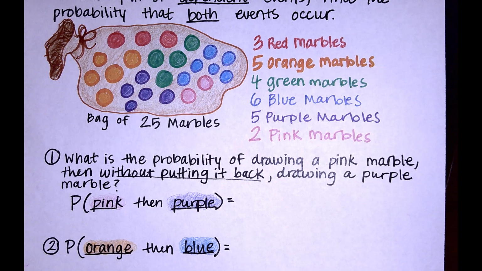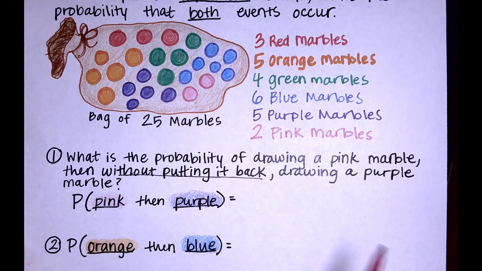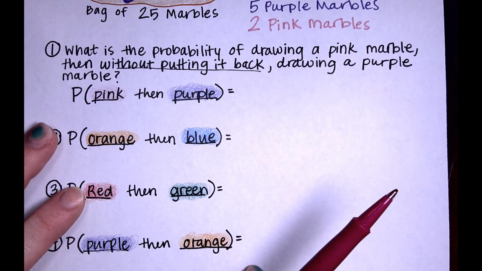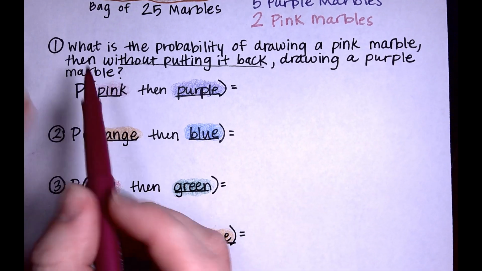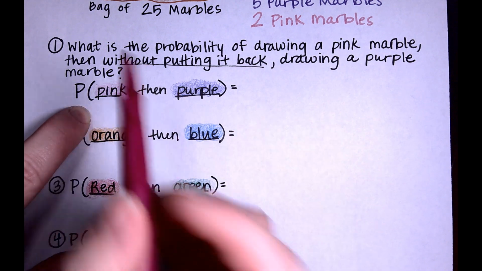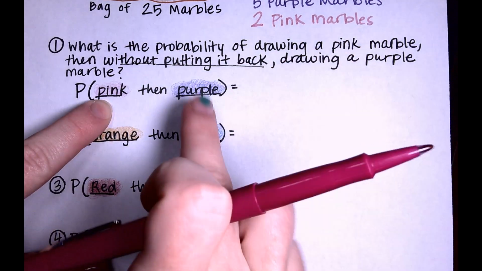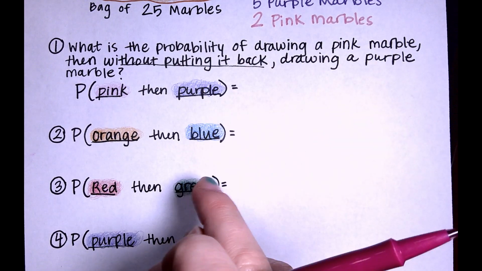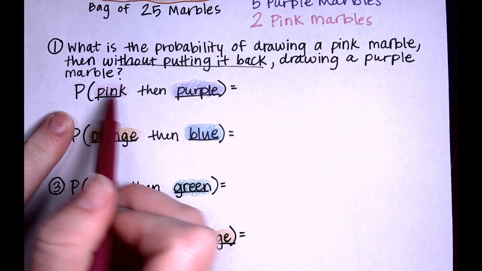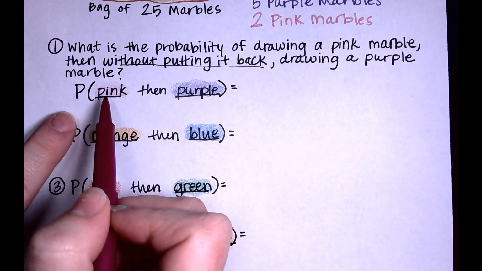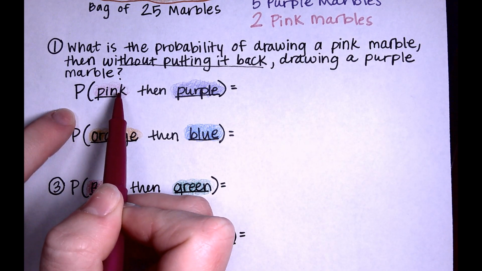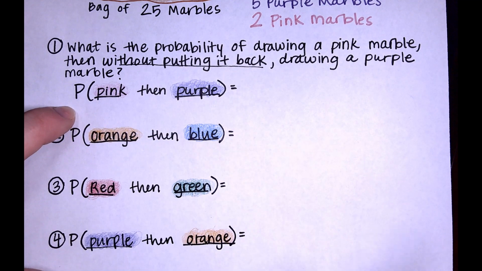There are less. There are 24 marbles in the second instance. So let's start with number 1 and just think about the possibilities. I want to know the probability of drawing a pink marble and then drawing a purple marble without putting that pink one back. So how do I find the probability first of drawing a pink marble?